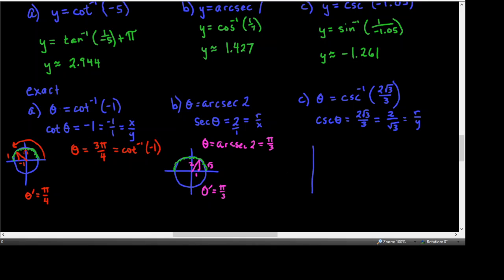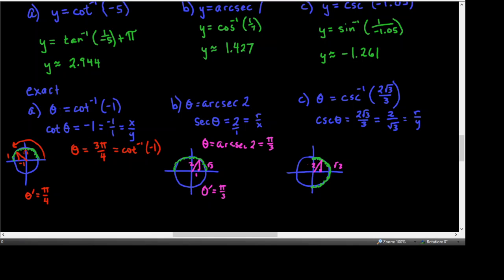Then cosecant, which is closely related to sine, has the same restriction as sine does. It's from -pi over 2 to pi over 2. So we're looking for a triangle where r is 2 and y is positive square root of 3. So that's square root of 3 and that's 2.